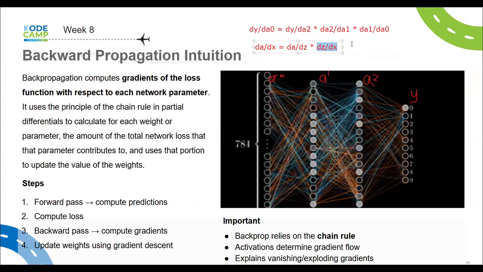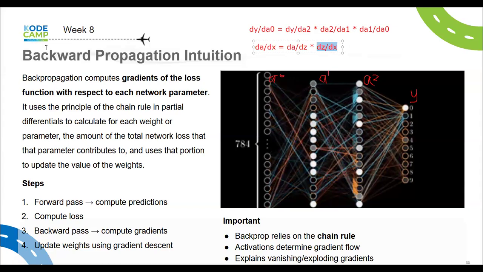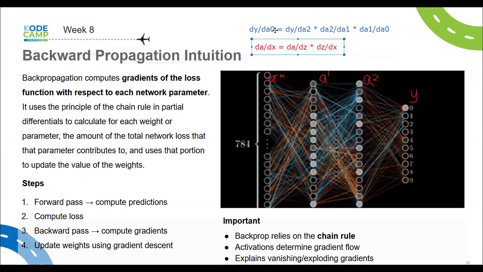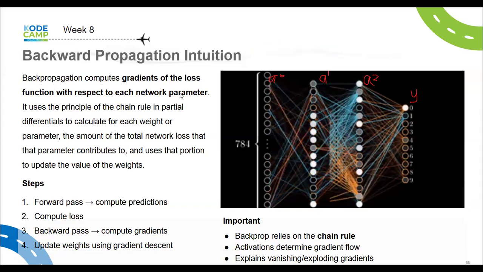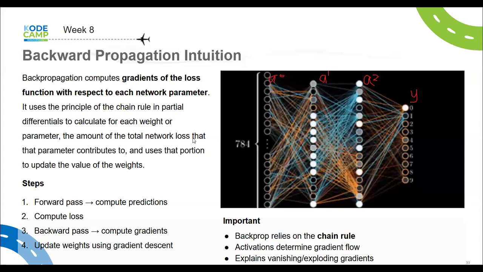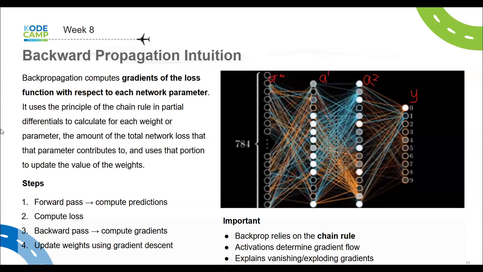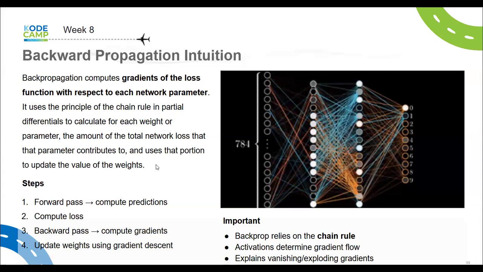So this is kind of a chain rule. It's a bit more involved than this if you want to go into the depths of it, but I just wanted to mention that. So backward propagation is effectively just a chain rule, right? And you use the differentials, which are the gradients, to calculate for each weight or parameter the amount of the total network loss that each parameter contributes to, based on that chain rule, and then you use that amount to update that particular parameter.